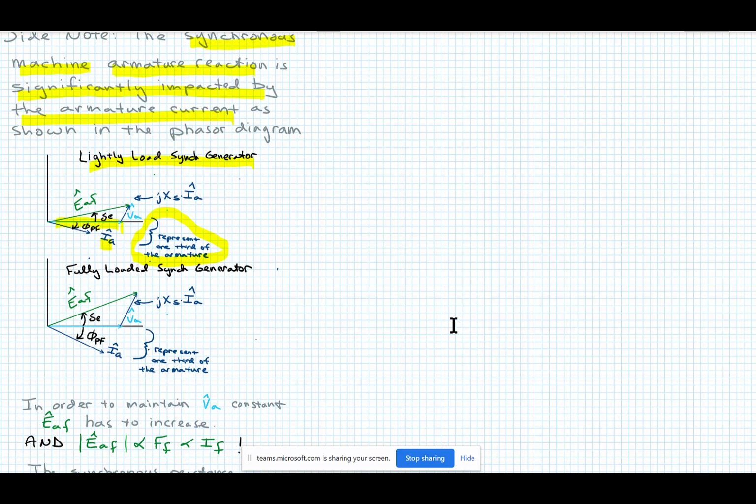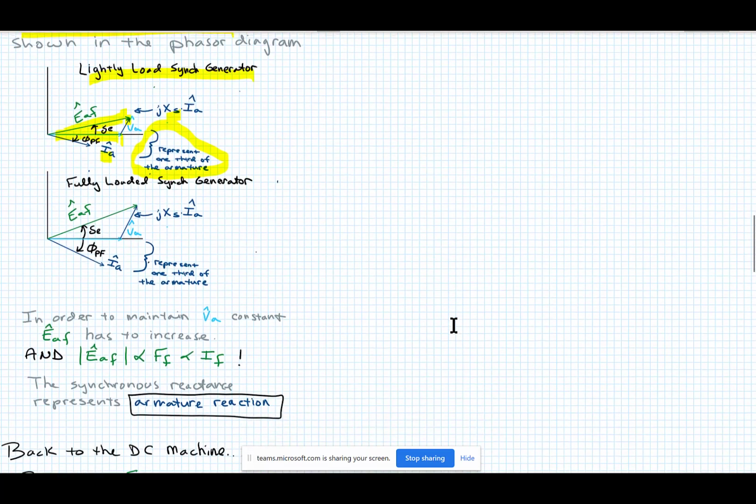So if you look at this at the light load, you can see the EAF that you need is shown here. It's at a smaller torque angle because it's a light load, and the amplitude is dictated by the synchronous reactance times the phasor current of that phase.